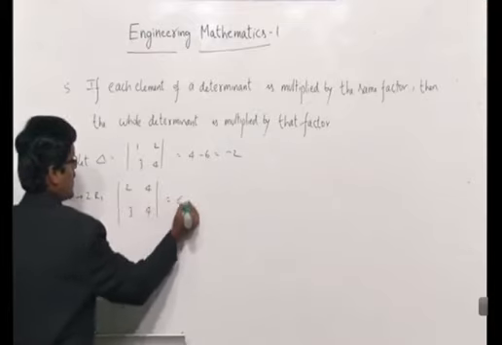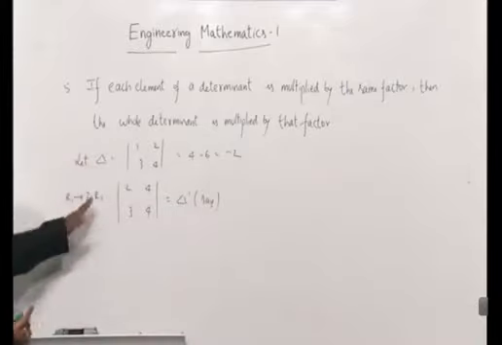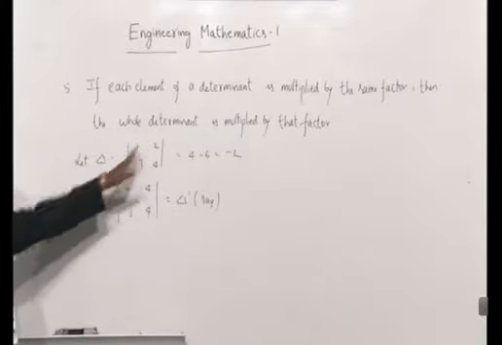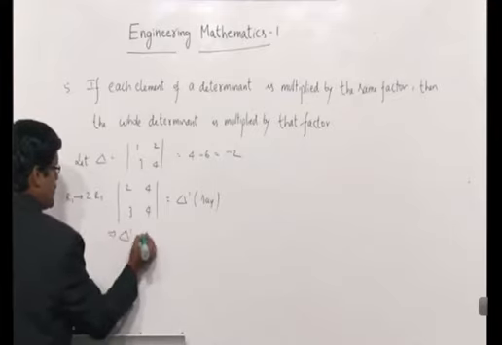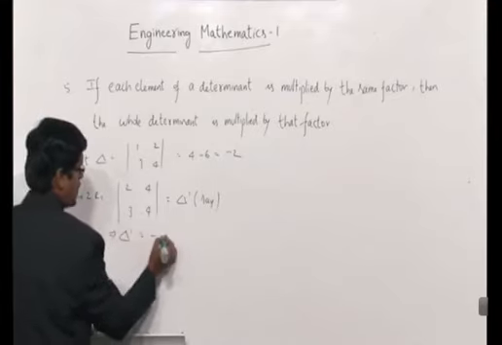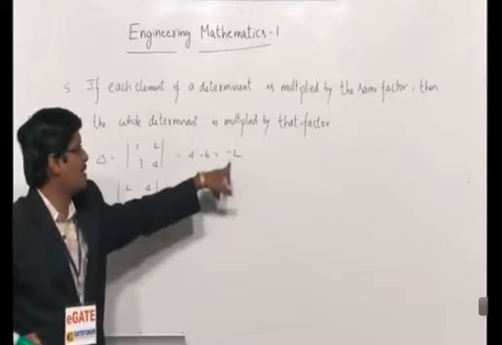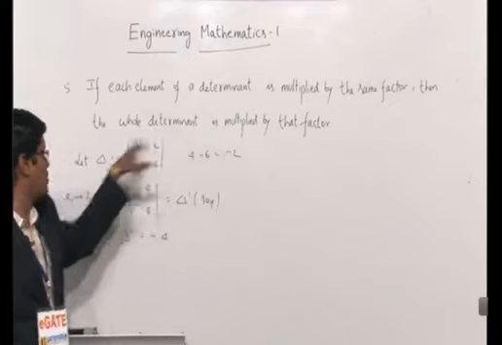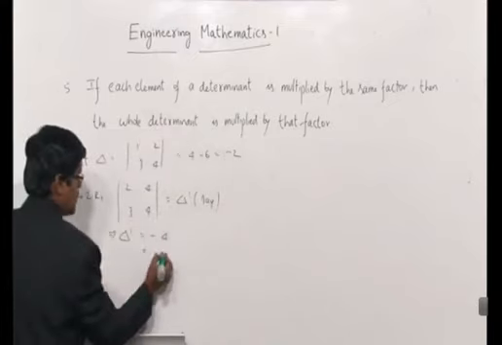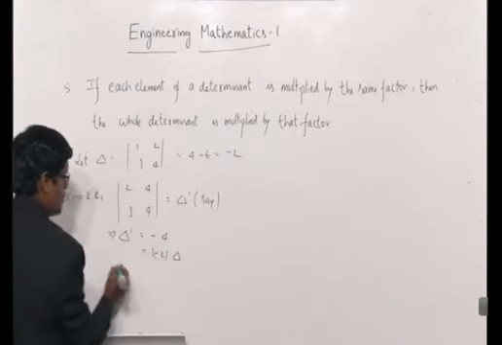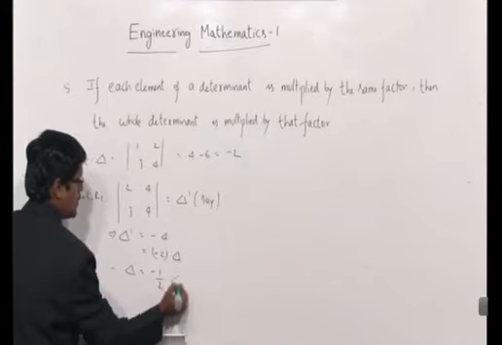Let us call it delta dash. This is the new determinant obtained by multiplying the first row by 2. Now what is the answer for delta dash? 2 into 4, 8, minus 12, that is minus 4. Now what I told: the whole determinant is multiplied by that factor. That is minus 2 times delta, so delta is equal to minus 1 by 2 into delta dash.